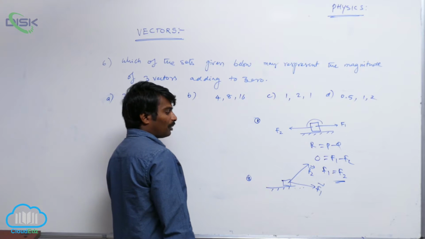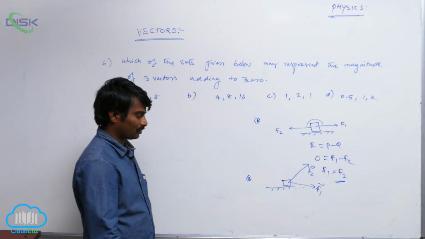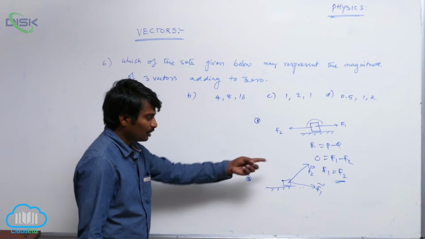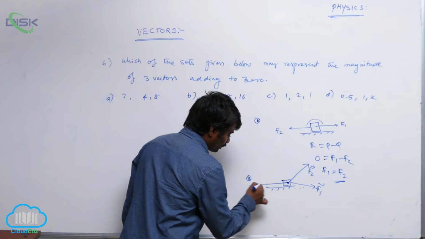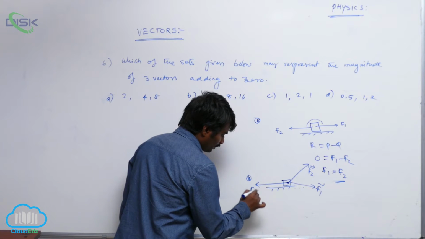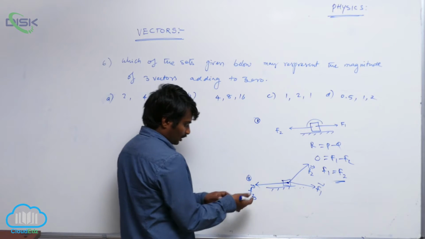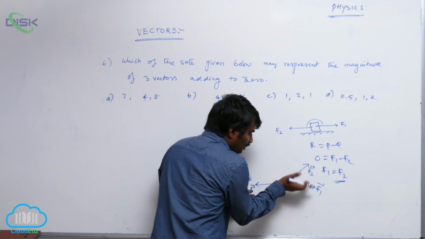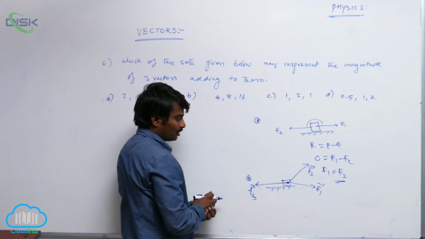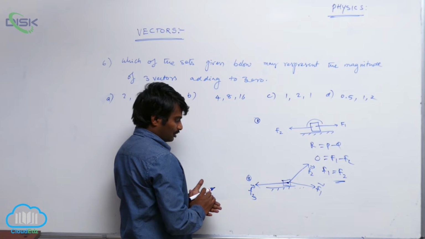Now if I want to apply a third force to keep this object at rest, definitely I have to apply the force in such a direction that it is opposite to the resultant of these two vectors. Then only the resultant of these two vectors is balanced by this third force, so that you will be getting a resultant 0.